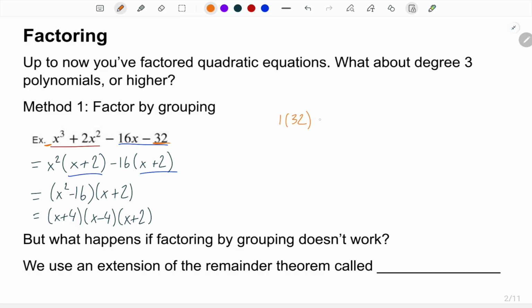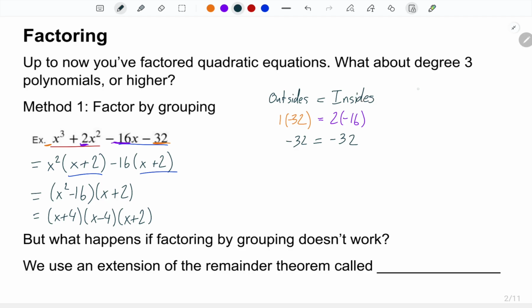What do the insides multiply to? In this case, 2 and negative 16. Oh, and really that should be negative 32. That's going to equal each other: negative 32 equals negative 32.